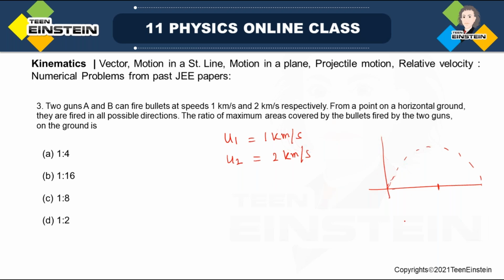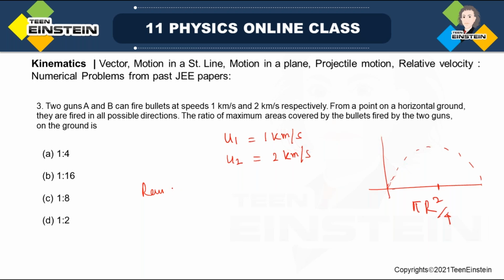Then you can find out the area, pi r square by 4 if you know the range. So that will give you the area. In this case, if you want to get maximum area, then your range should be maximum.